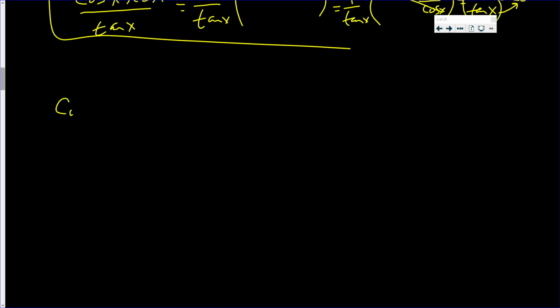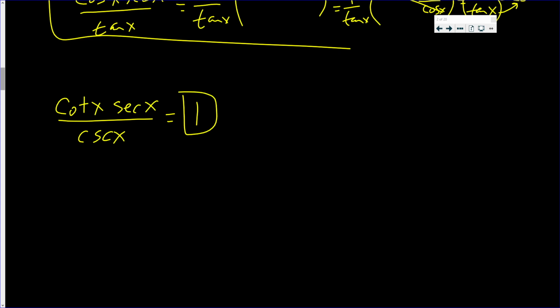Suppose that you were asked to show that cotan x times secant x over cosecant x is equal to 1. Well, it's doable, but it's going to be hard to change 1 to make it look like the left side. So the right side is easier, so we'll change the left side.